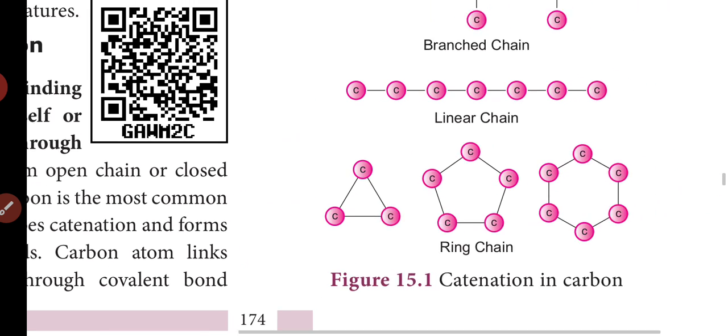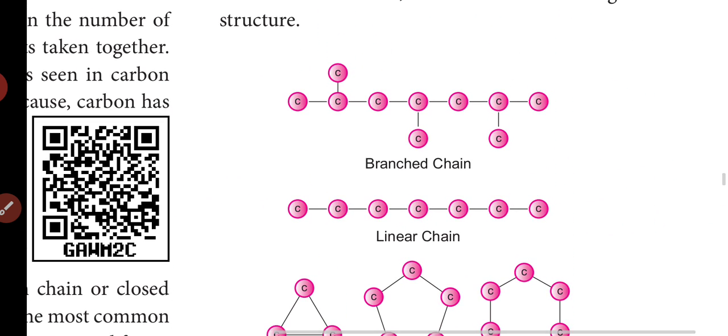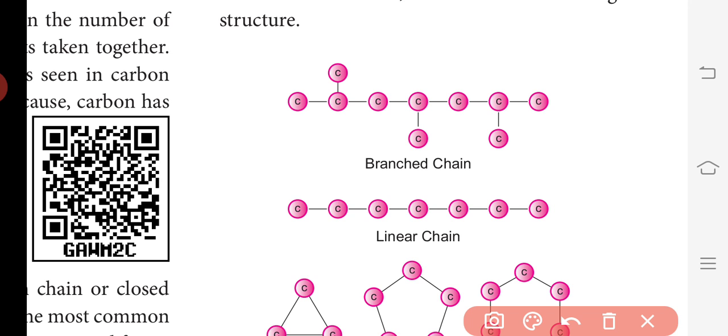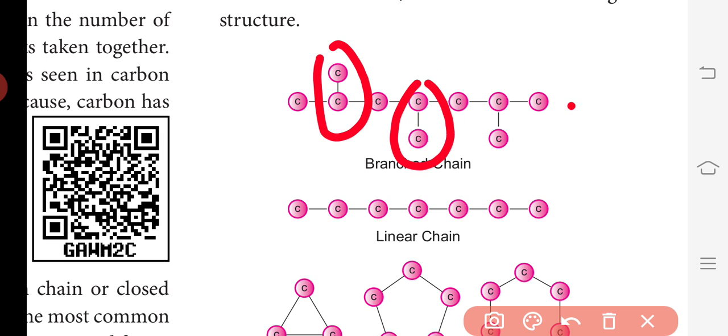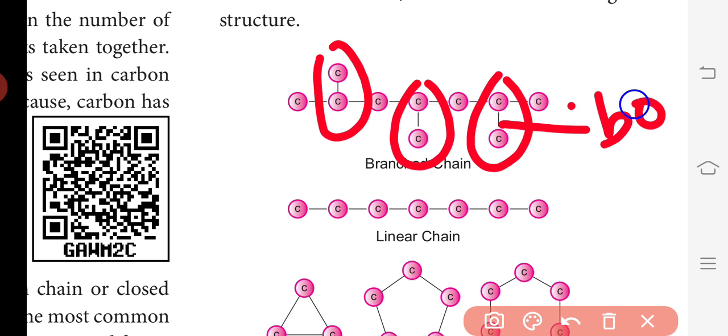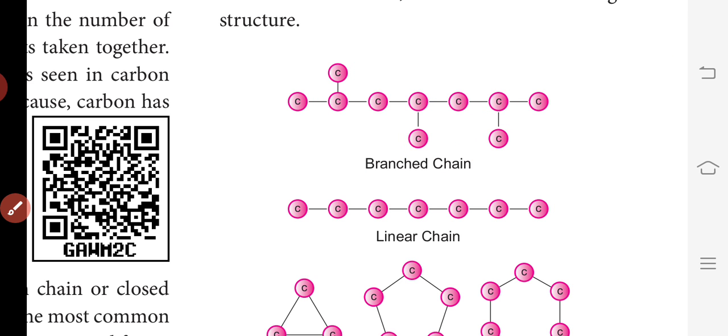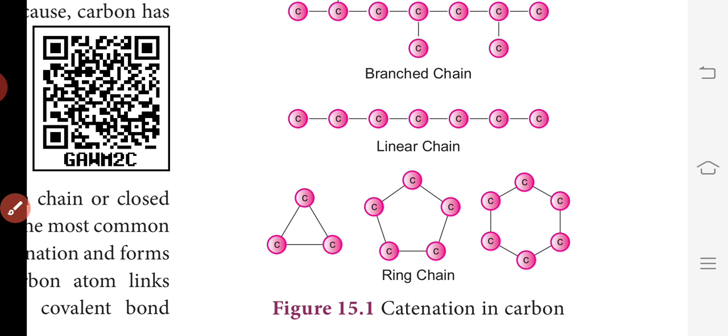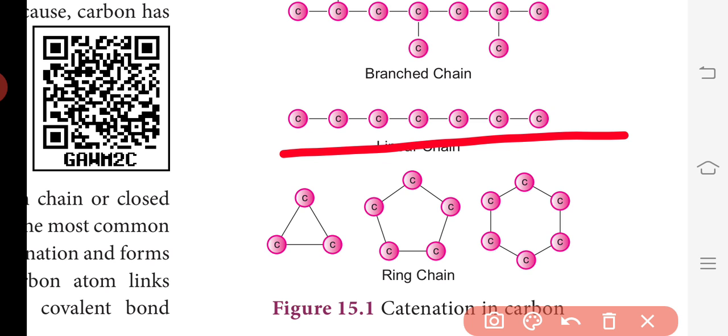And see the chain formation here. The first one is the branched chain. You can see the branches of the carbon atoms here. C is connected to C, C is connected to C. So the small line which connects the carbon and carbon atom is called a bond. And the second one is the linear chain, straight chain without any branches.